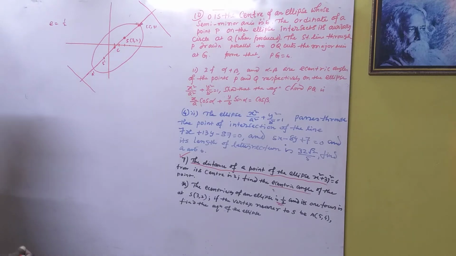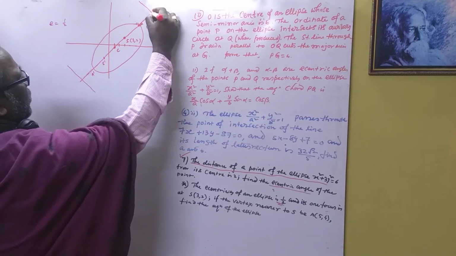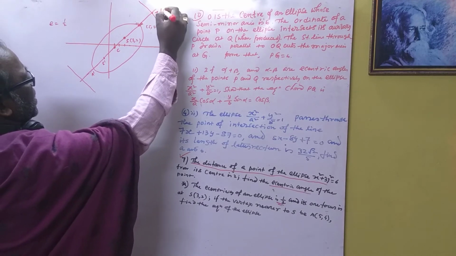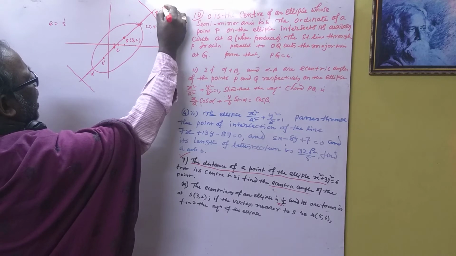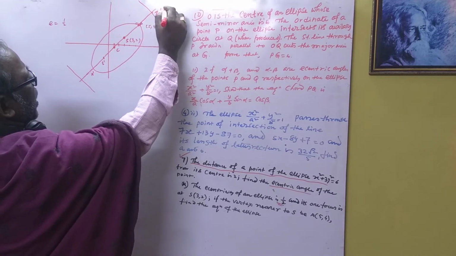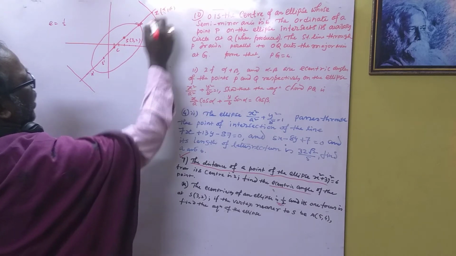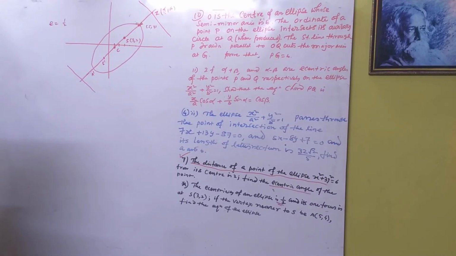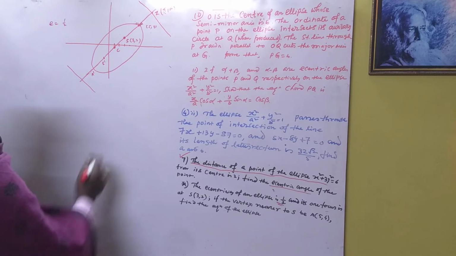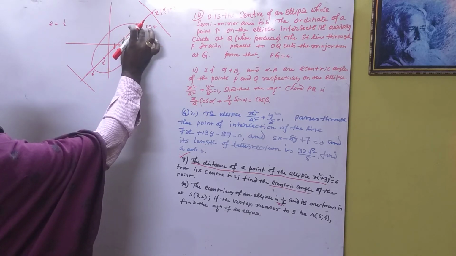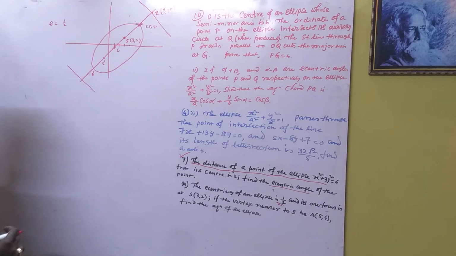To find the equation of the directrix, we first find the point Z, where the axis and directrix intersect, and let us assume this is (alpha, beta). To find the coordinates of Z, we need the ratio SA to AZ.